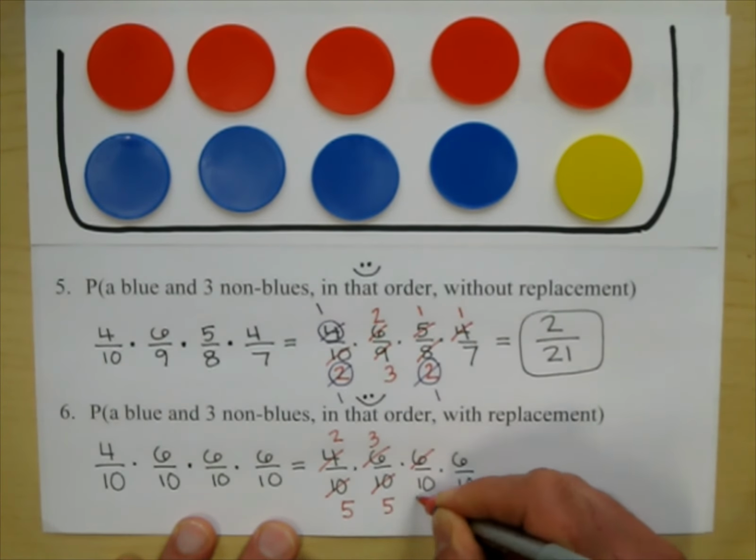Well, that really means that order doesn't matter. And when order doesn't matter, what does that mean? That means we're looking at a combination. We're looking at combinations.